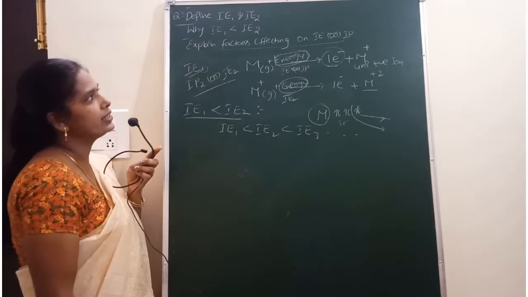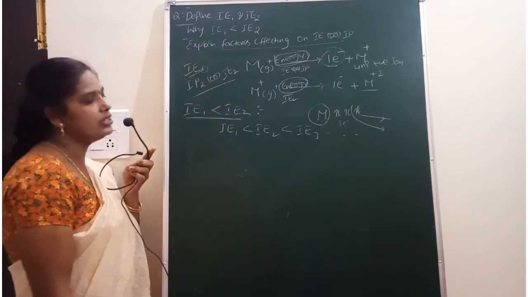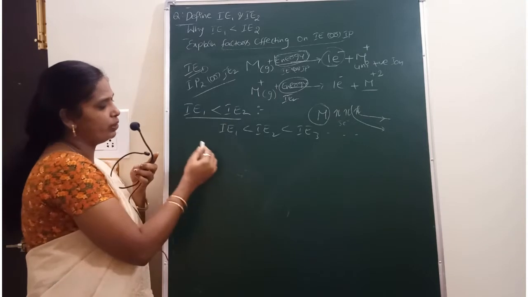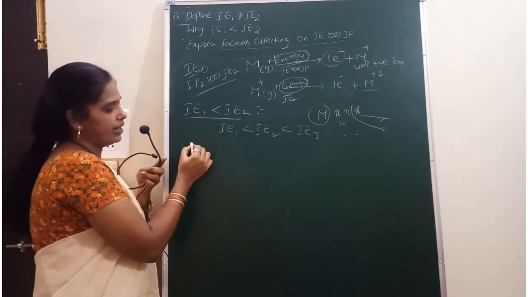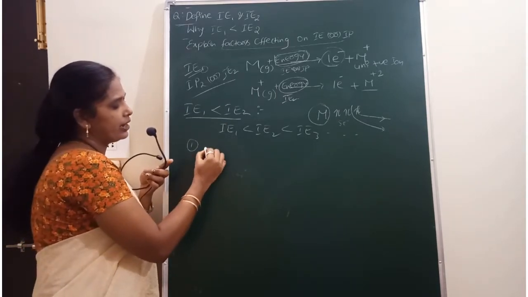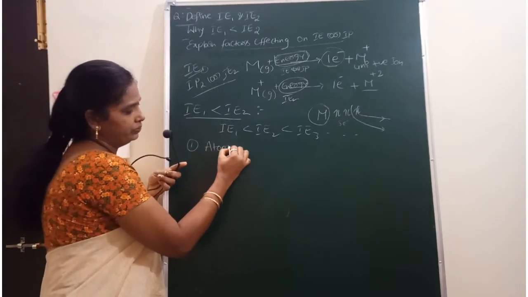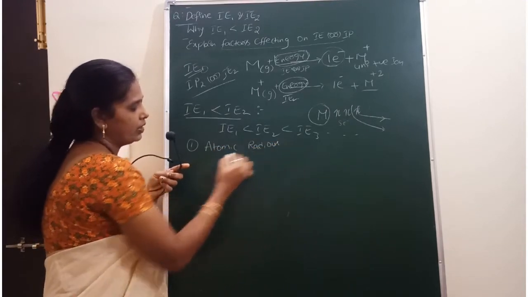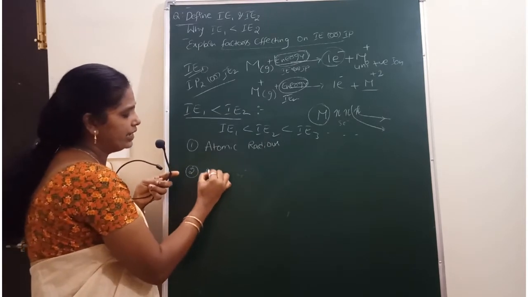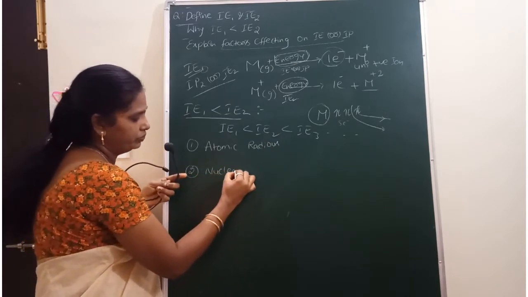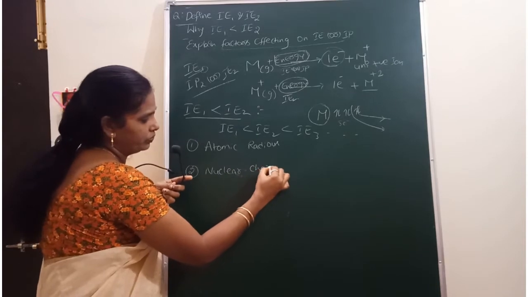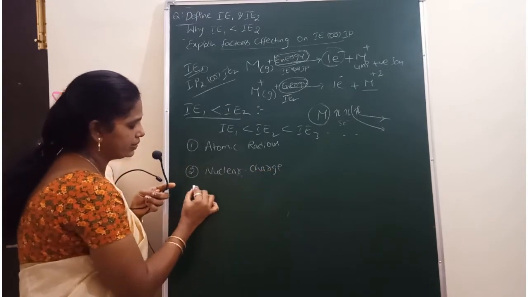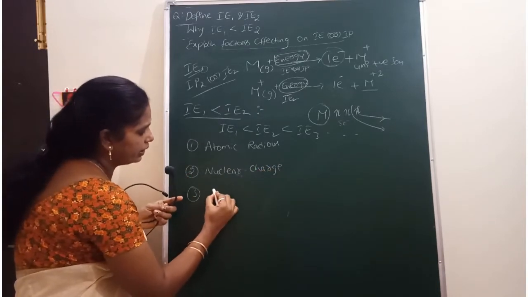The third one is the factors affecting ionization energy or ionization potential. There are 5 factors. The first one is atomic radius. The second one is nuclear charge. The third one is screening effect.